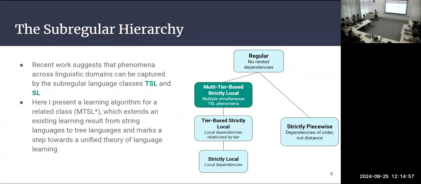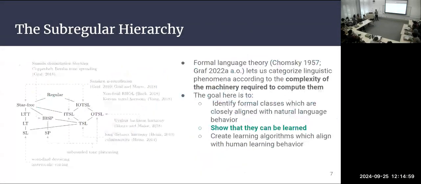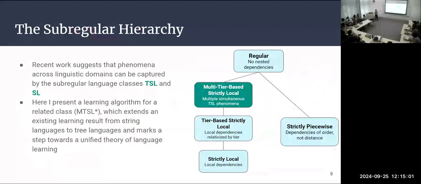Zooming in on this huge diagram with all these classes, we're in a simple space where the formal languages we care about are less complex than the regular languages, if you're familiar with those. Regular languages are languages which can be computed with a finite memory bound, and we want to be below that in complexity.